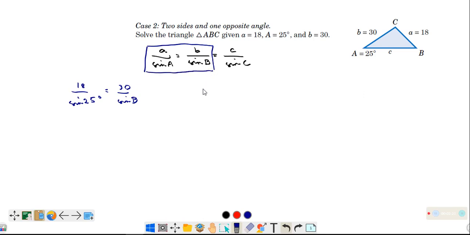So, how can we perform some algebraic manipulation without affecting the resulting value for angle B? Pero, hindi tayo kailangang mag-deal with a missing value on the denominator. So, how are we going to do that?